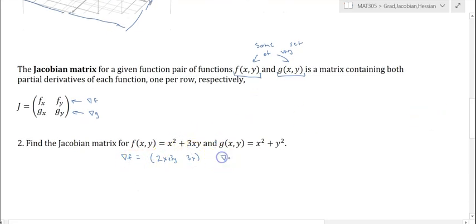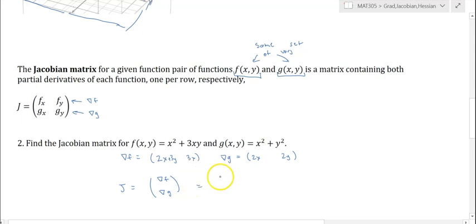And then the gradient of g we just determined. This is the same function; we called it f a moment ago, but we'll call it g now. This is going to be 2x and 2y. And so we just said that the Jacobian is going to have, as its two rows, the gradient of f and the gradient of g.